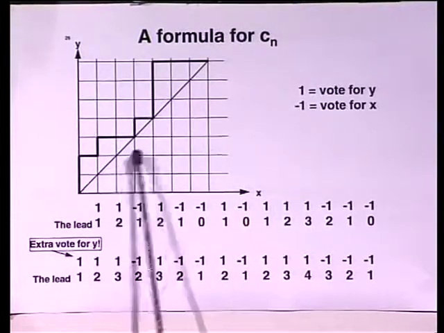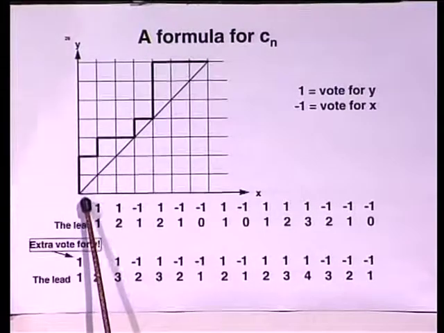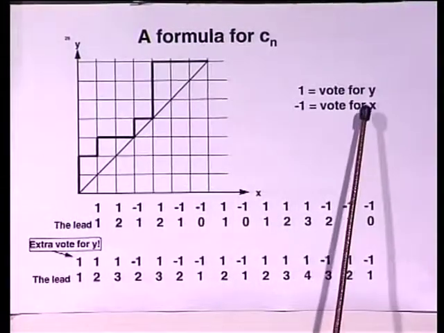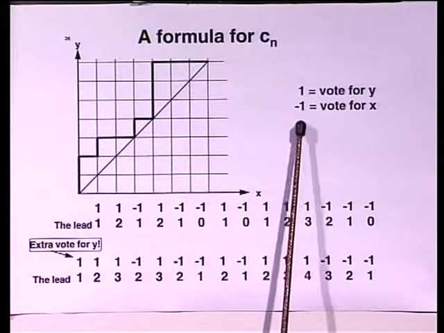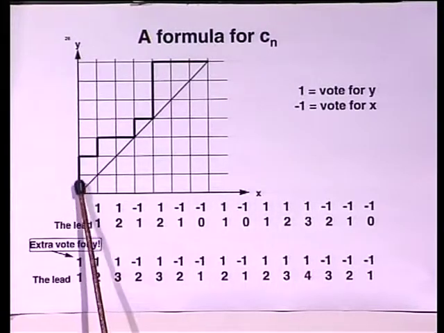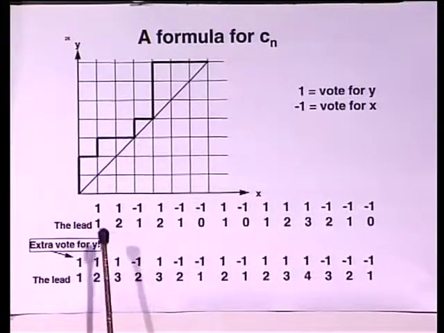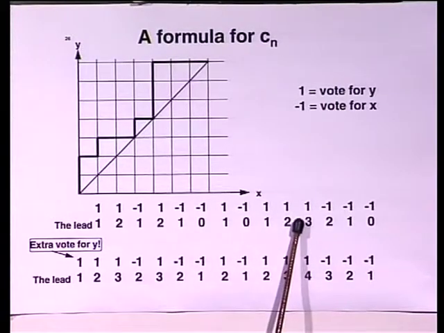So here's the Jones election that we've seen many times before. And now we're going to code the Jones election by saying 1 means a vote for Y and -1 means a vote for X. And then if we just track this sequence of votes, we shall get this sequence of 1s and -1s.